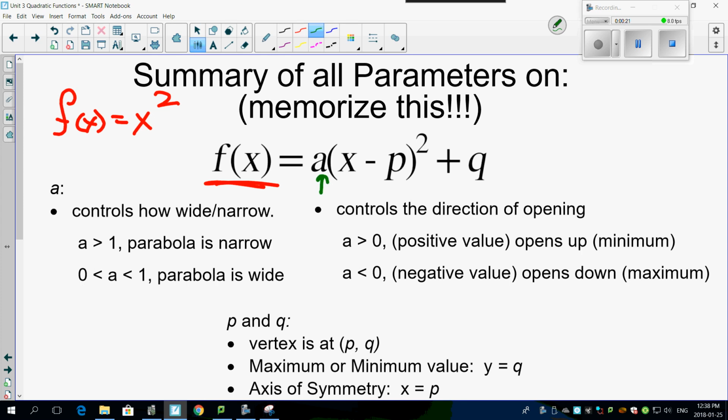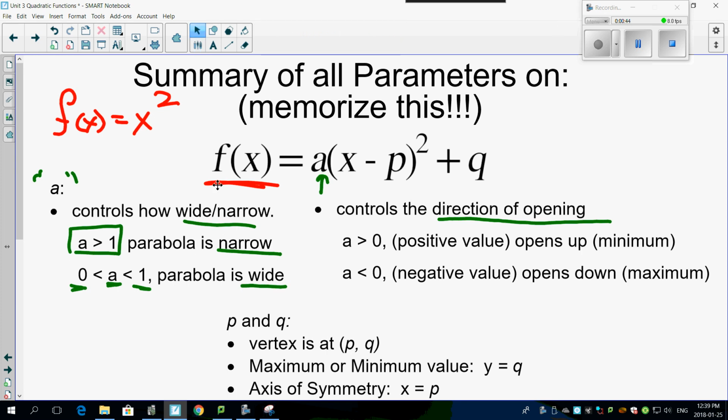Now, if you remember, the a here controls how wide or narrow, and it also controls the direction of the opening. So if a is a big number greater than 1, this becomes narrow. If a is a number between 0 and 1, that means it's a small decimal, a fraction less than 1, this turns out to be quite wide. On the other hand, if our a is greater than 0, that means it's positive.